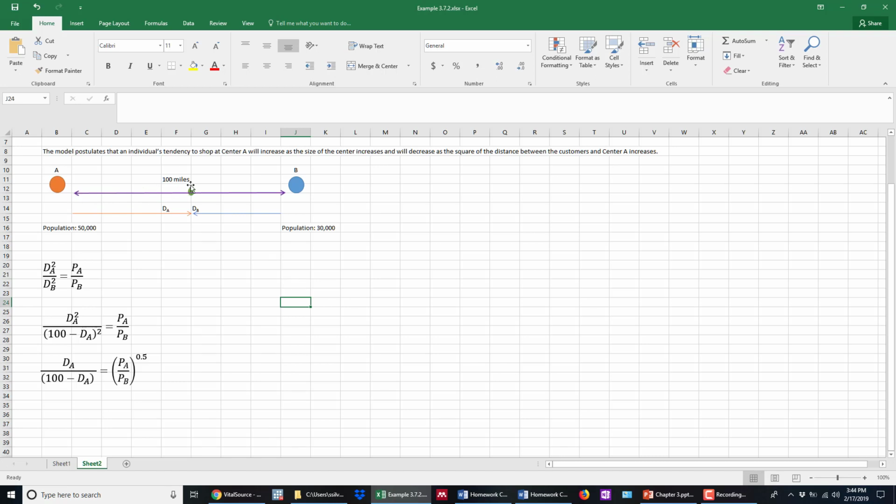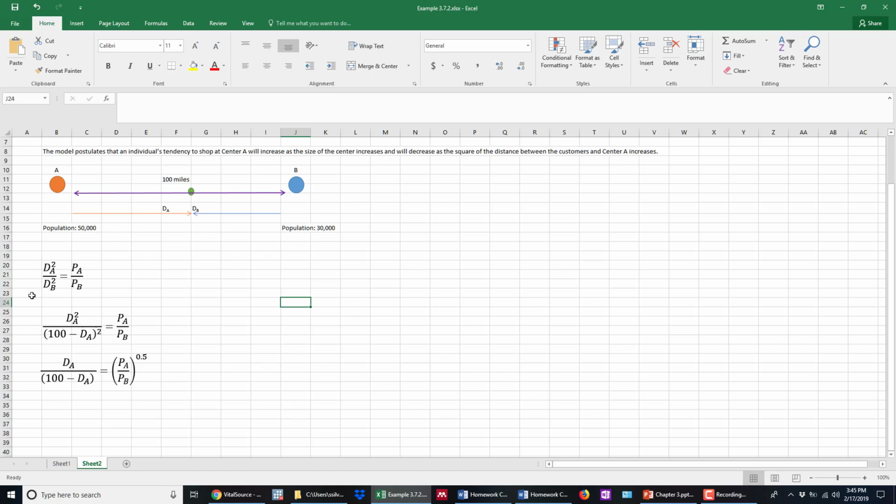Basically, the limit of the market of influence, the distance between here and here. dA is the variable I'm interested in, so dB is just going to be 100 miles, which is the total distance between the two places, minus dA. So dB, this distance here, is 100 minus dA. I substituted in here because I'm interested in calculating dA.